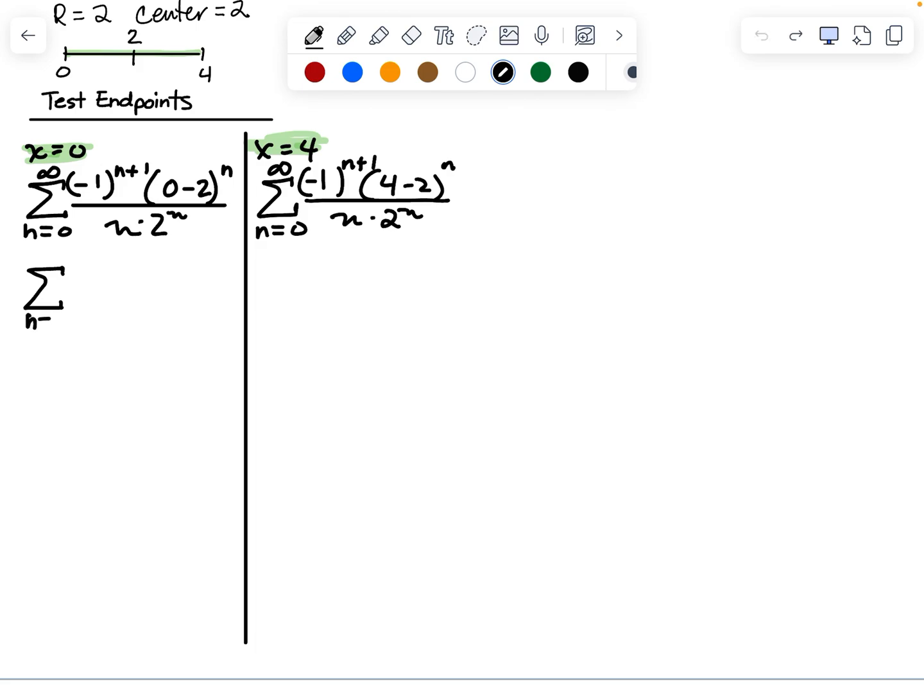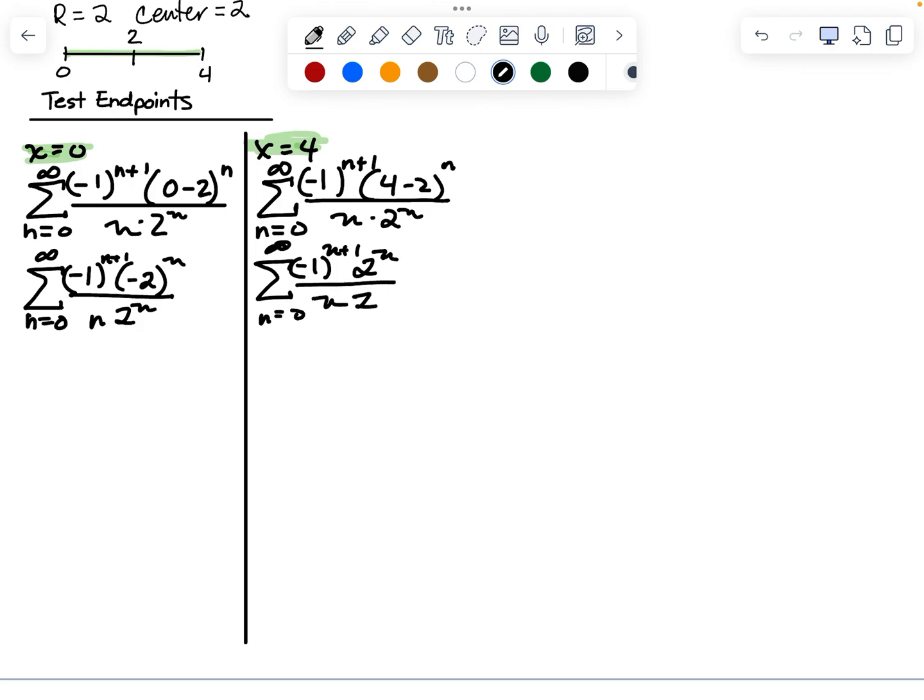So for x is equal to 0, we have the sum from n is equal to 0 to infinity of -1 to the n plus 1 power, times -2 to the nth power over n times 2 to the nth. I'm going to do the same thing, working in parallel here, for the other endpoint: the sum from n is equal to 0 to infinity of -1 to the n plus 1 power, times 2 to the n over n times 2 to the n.